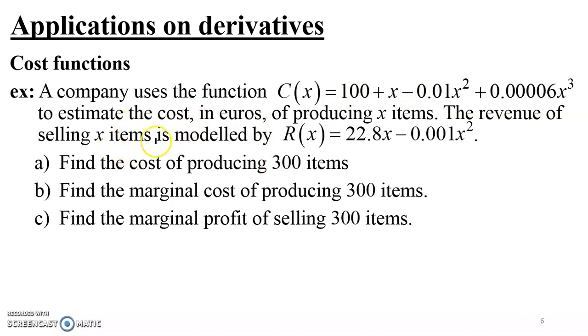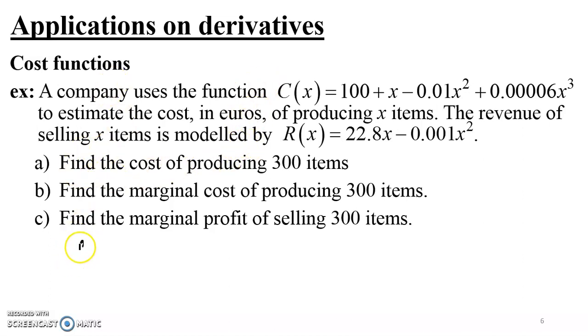Now, the revenue of selling x items is modeled by this. The revenue would be the amount of money that you are selling your products for. The cost is how much you're paying to produce them. The revenue is determined by the selling price of these items, while the profit is the difference between them.